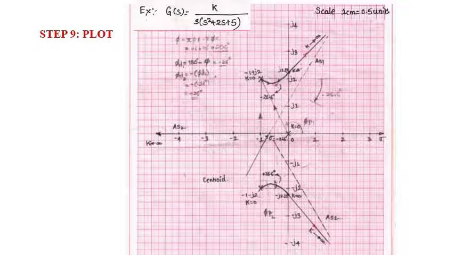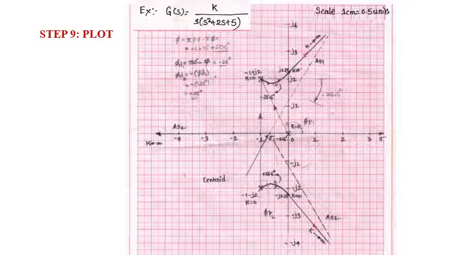Next, coming to plotting, first identify the center here. So center 0, and moreover we know that the poles are complex and they are going to come on the left half of the s plane. So try to keep the left side of your root locus empty, and use very limited space for the right side.